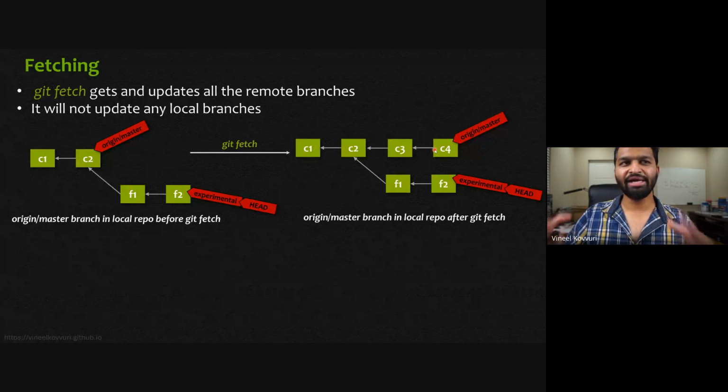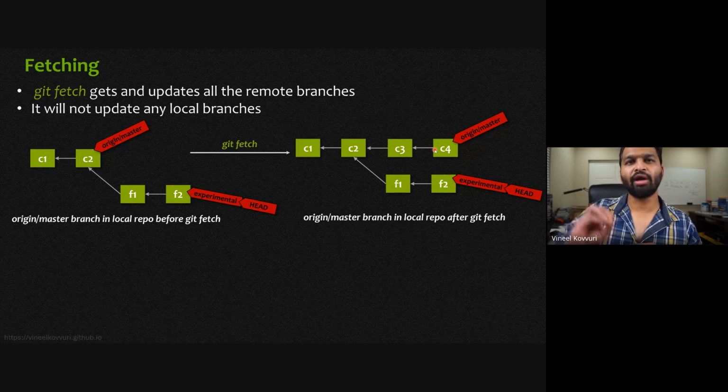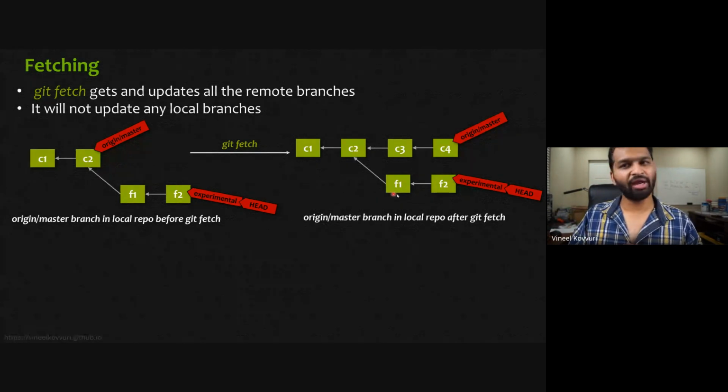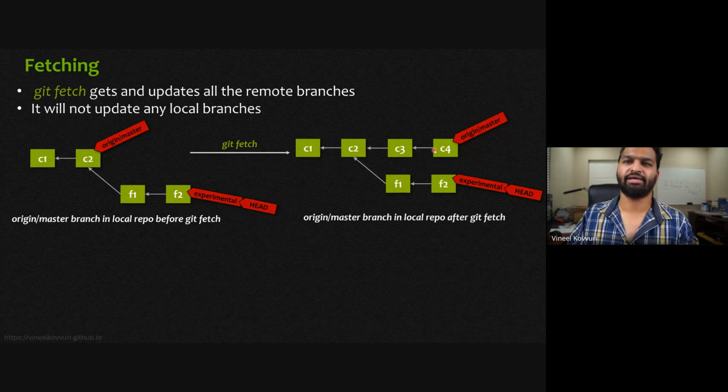Basically it updated all the remote branches to whatever is there on GitHub. So your local branch has not been disturbed. It's still the way it is, F1, F2, and all git fetch does is update the remote branches that you downloaded. So all your origin master gets updated.